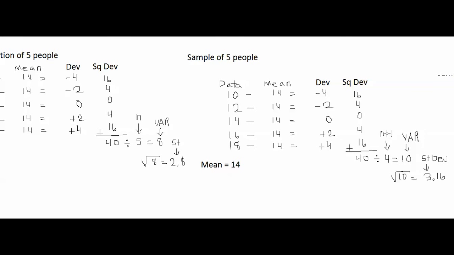If I didn't use this adjustment and I divided by n instead of dividing by n minus 1, I would expect my sample standard deviation to underestimate the population standard deviation, and I would expect my sample standard deviation to come out too low.